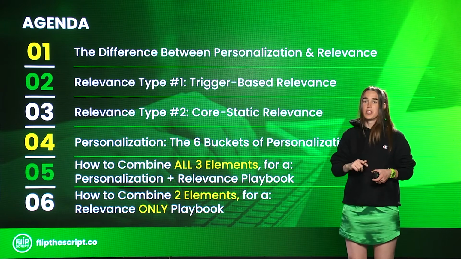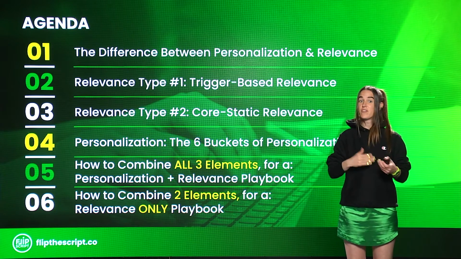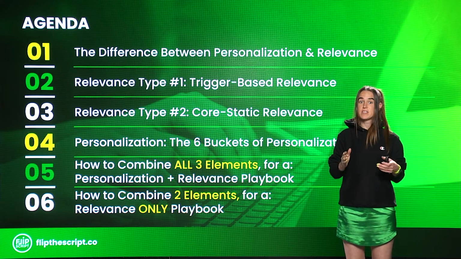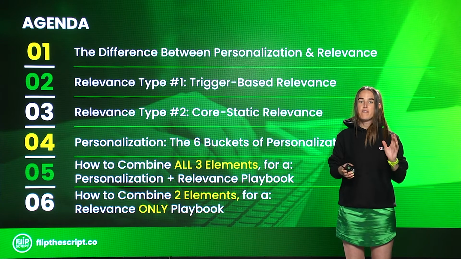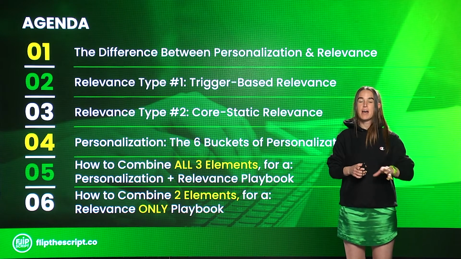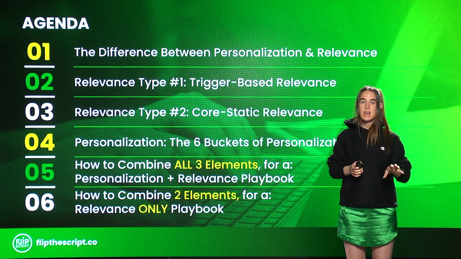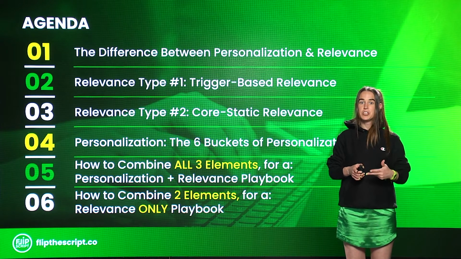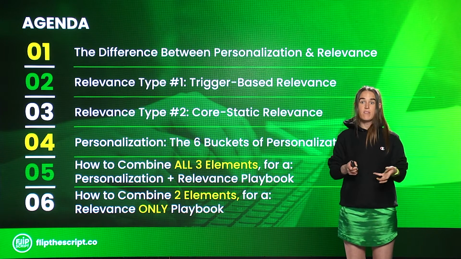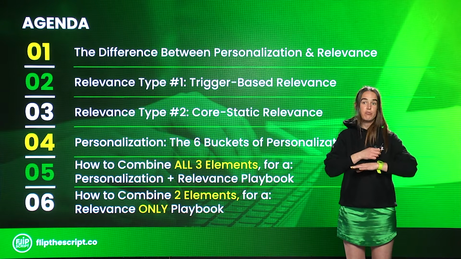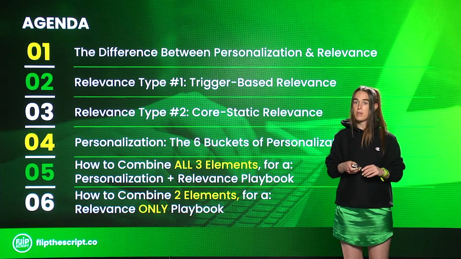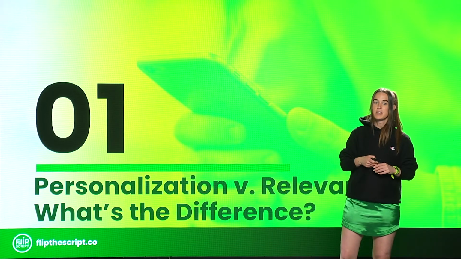The fourth piece, we're going to go into personalization, the difference between that and relevance, and the 6 buckets of it. And then 5, we're going to go into how to combine all 3 elements, the three elements of personalization, relevance type 1 and 2, for a playbook if you want to do personalization. And we'll finish off with a playbook if you don't want to do personalization, what 2 elements to include and where. So let's get moving here.